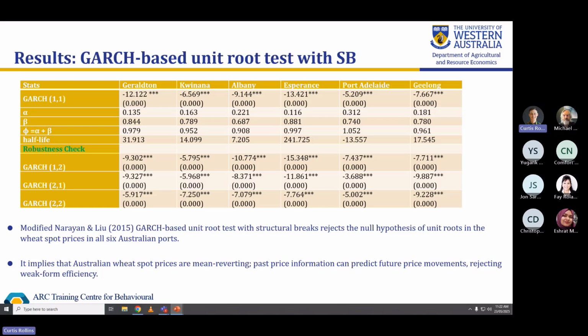So now there is no unit root. That is, past price can predict the futures price, and that rejects the weak form of efficiency. I'll come to one of the questions that Dave asked earlier about these structural breaks afterwards. It implies that Australian wheat spot prices are mean reverting, past price information can predict the futures price, rejecting the weak form of efficiency.